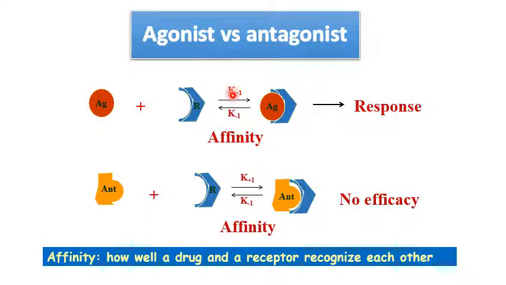So affinity is determined by how likely the substrate is bound to the receptor, and efficacy depends on whether the drug or the substrate will convert the receptor to the activated state and produce a response. So affinity is how well a drug and the receptor recognize each other or like each other.